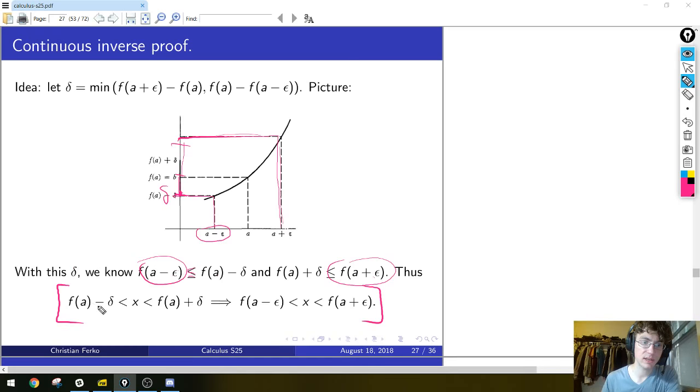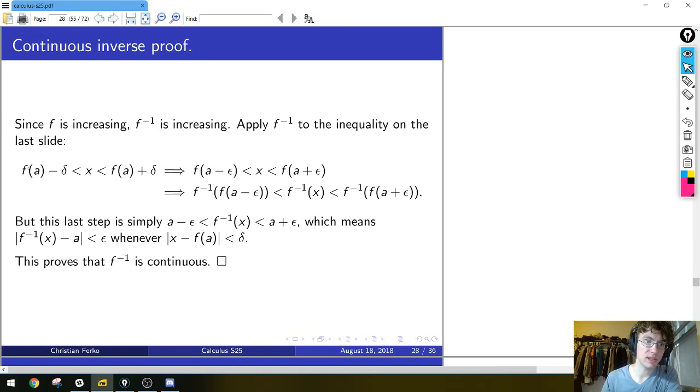So this implication is the key. On the next slide, we'll take this implication and apply f inverse to it. So let me show you that. This is the implication from the previous slide. Here is where we use the increasing assumption. If a function is increasing, its inverse is also increasing.